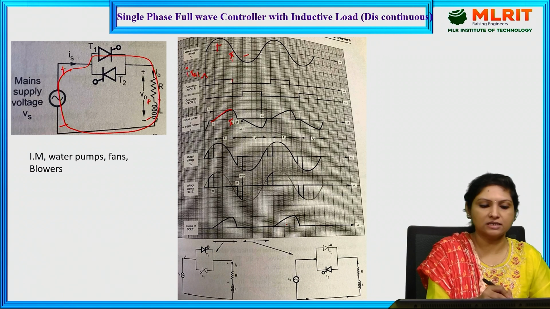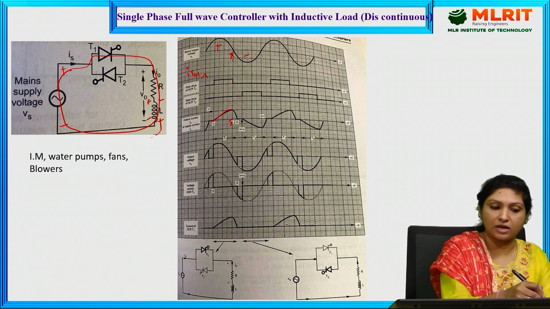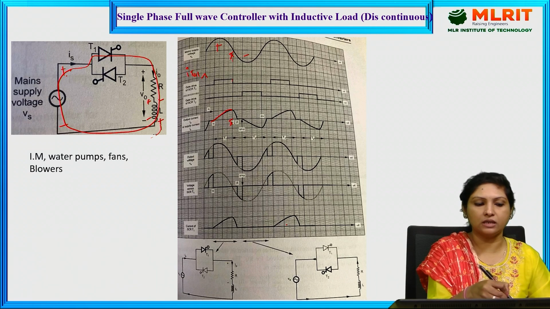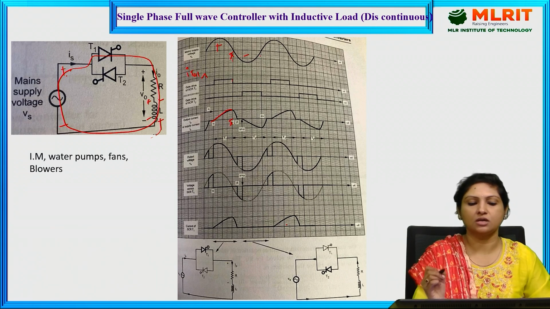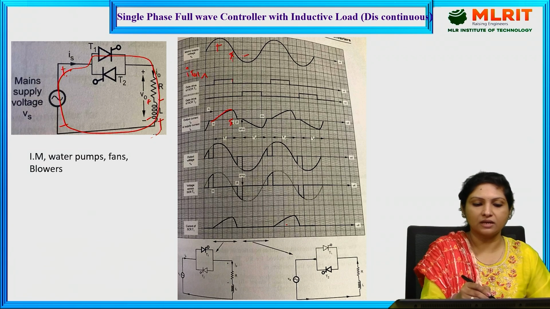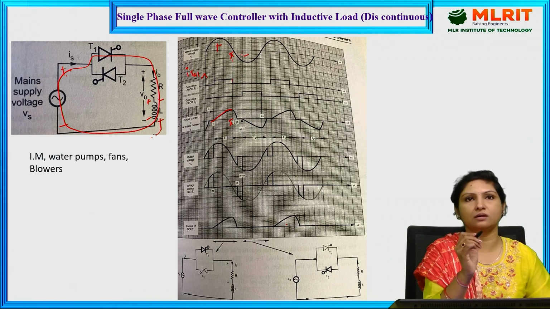So it changes the polarity to negative and positive. Because of this polarity, T1 is still maintained in conduction even during the negative half cycle of the supply voltage. So the moment the negative half cycle appeared, even then the thyristor T1 will not get turned off.